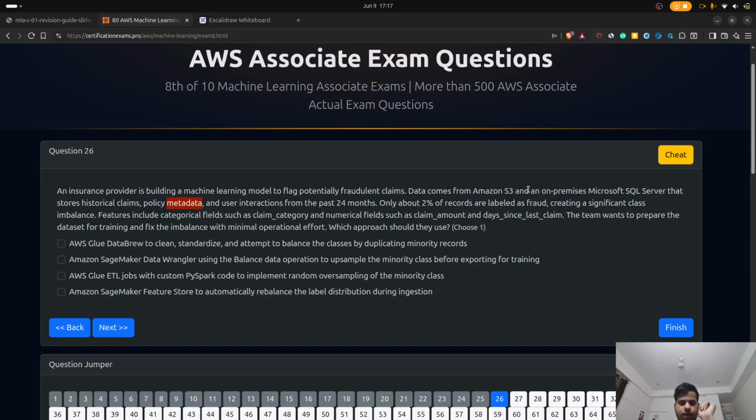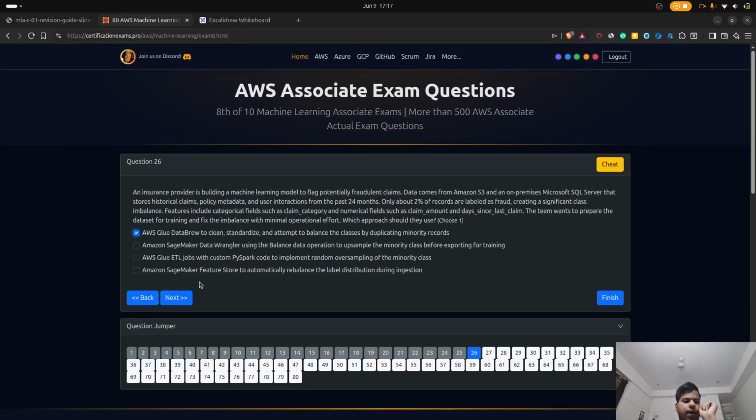Data comes from Amazon S3 and on-premises Microsoft SQL Server. That's really tough to do.